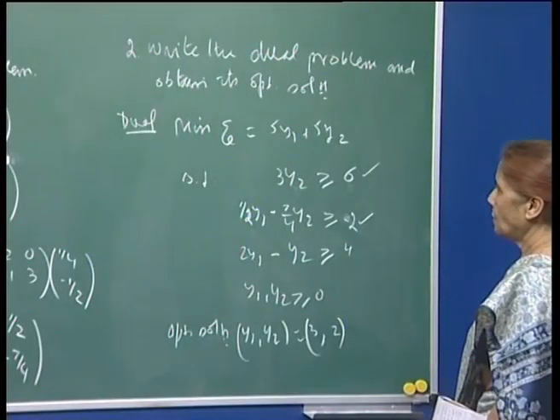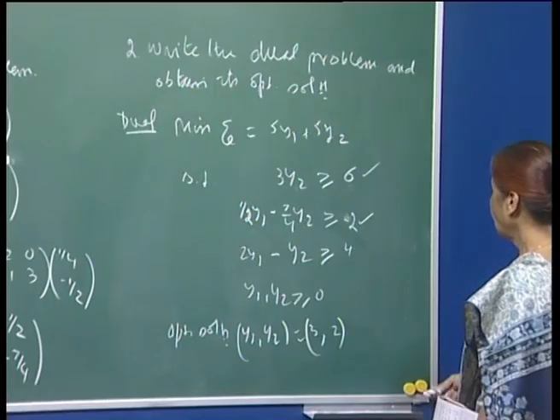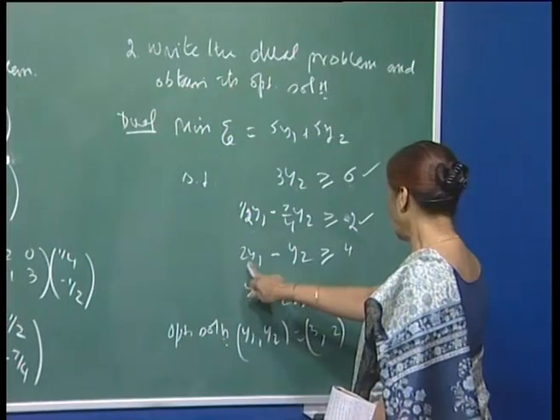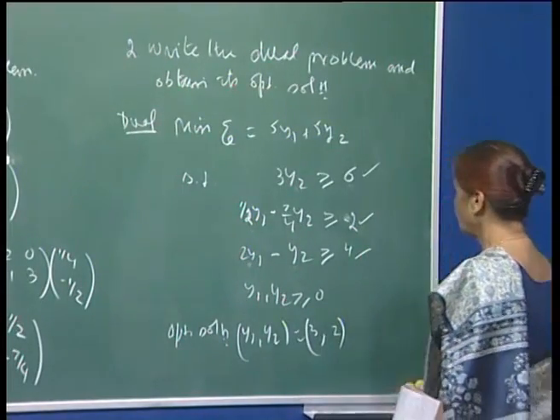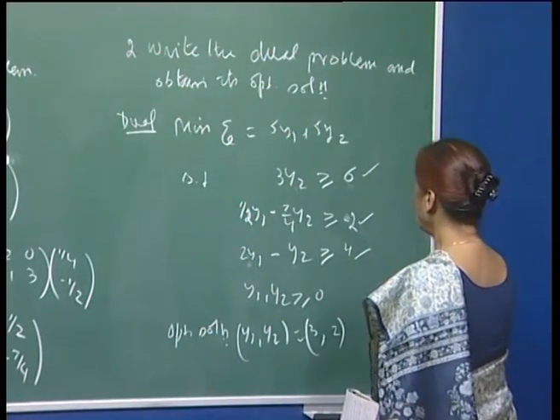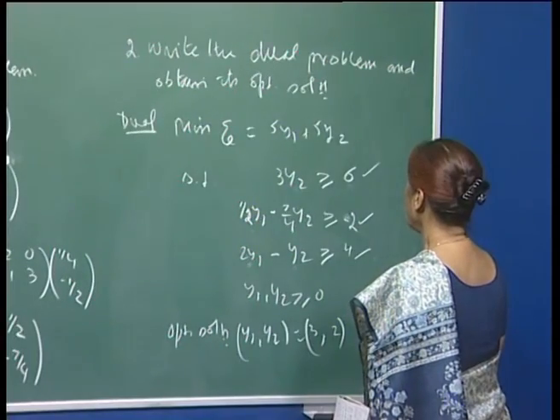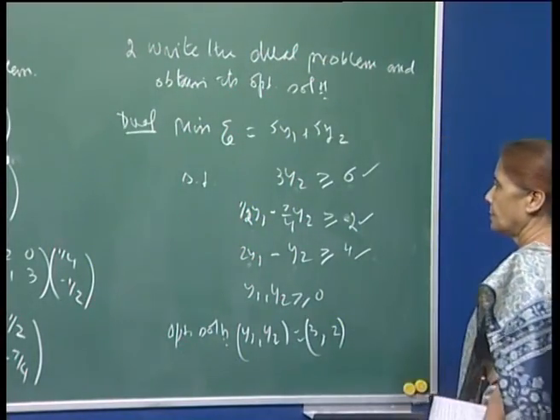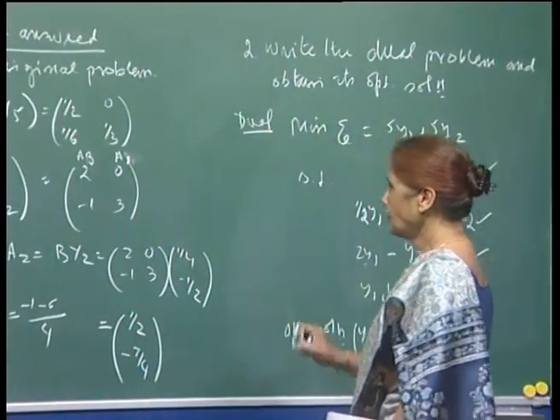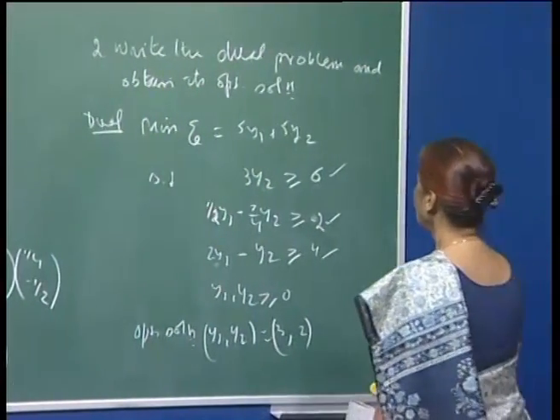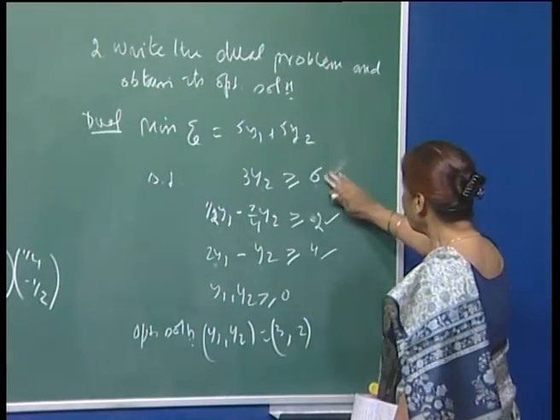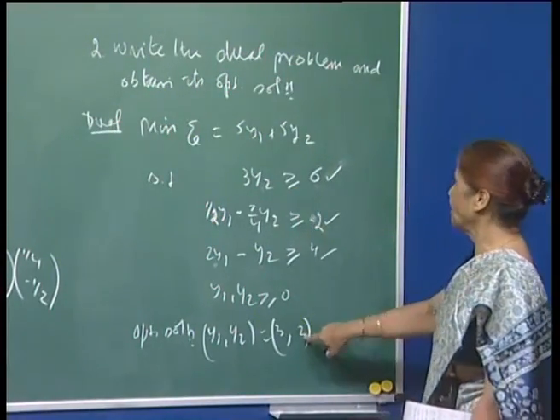But you have x1 also in the basis. Then 2y1 is 6 minus 2, so this is also satisfied as equality. Because 3y2 is greater than or equal to 6, this should have been satisfied as equality. y2 is 2, that is what was worrying me.